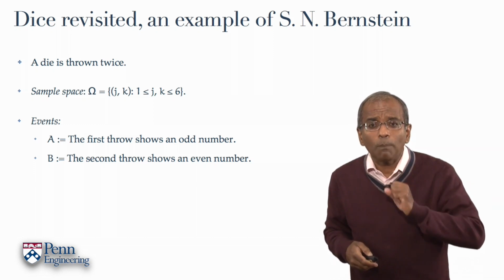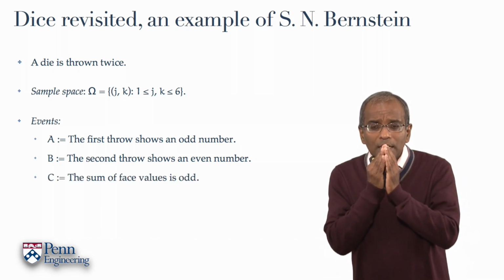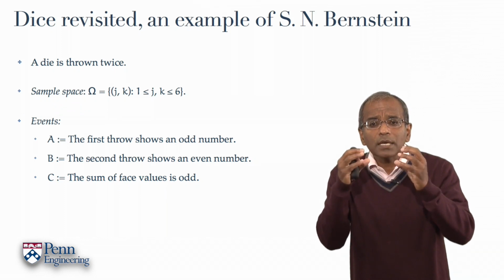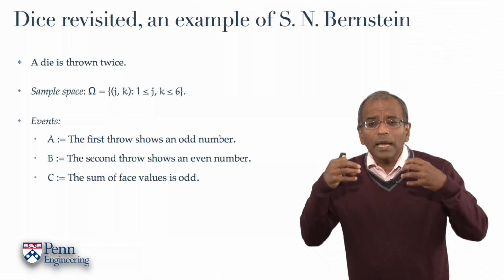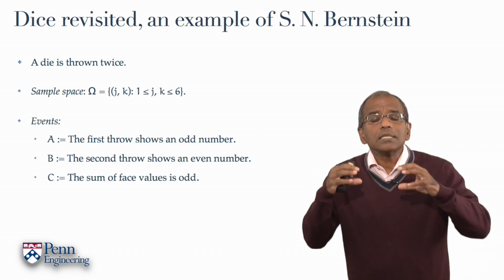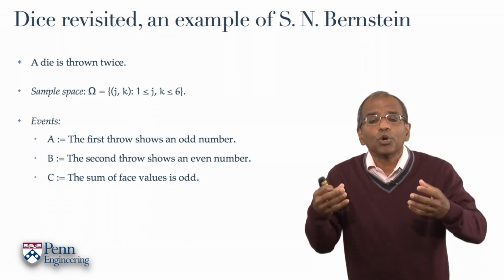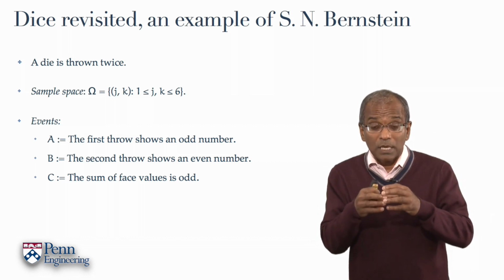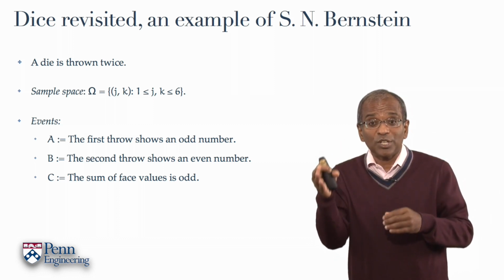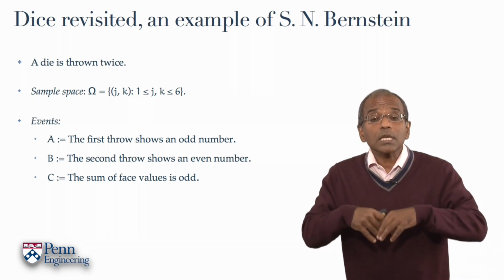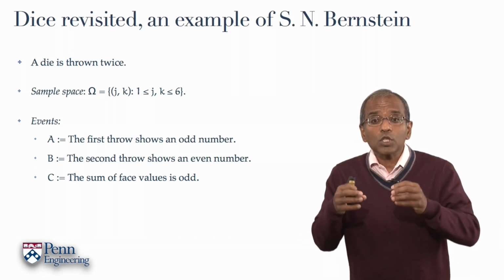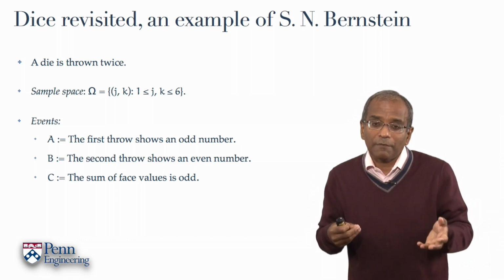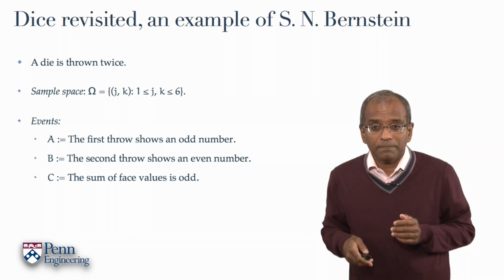Now let's put together a composite event C, where C is the event describing the attribute that the sum of the face values in the 2 throws is an odd number. Remember, the face values will add up to values between 2 and 12. So the sum of the face values being odd will correspond to all pairs for which the sum is 3, 5, 7, 9, or 11.